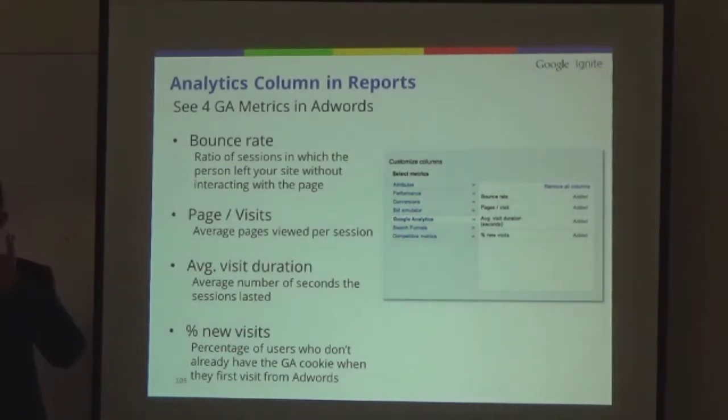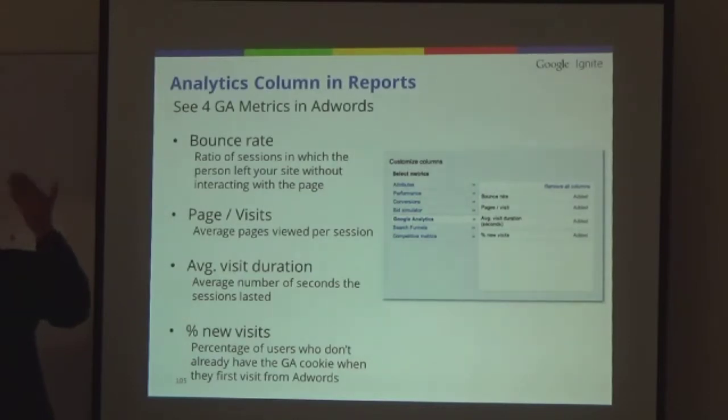There might be a question testing you on some things. Bounce rate, what is bounce rate? Bounce rates are the sessions in which the person left your site without interacting with a page. Your landing page: people come through the ads that you are doing, they come to your site, and when they come and immediately leave, that is a bounce.